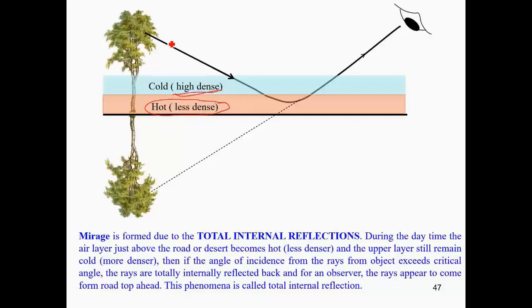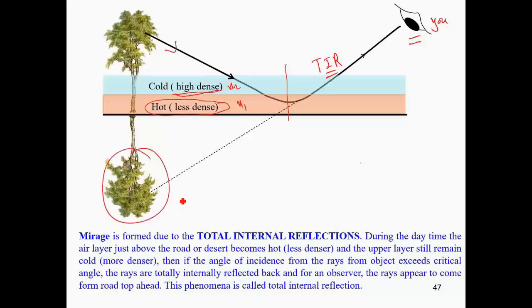So light rays from an object follow this path, going from higher index to lower index, and at some point they suffer total internal reflection, TIR. Then for you, the observer, it just appears to come from here.